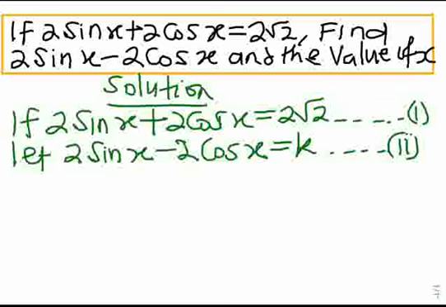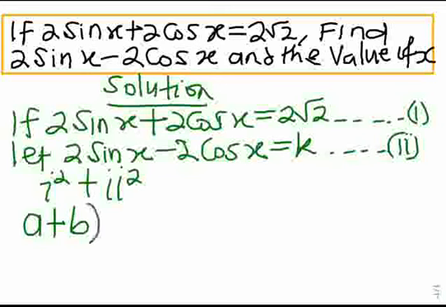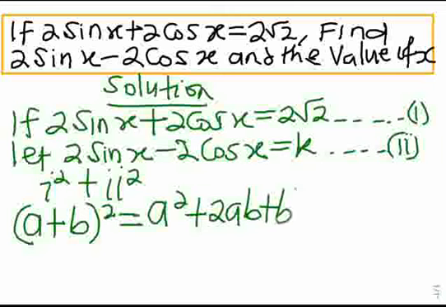Now, the approach to solving this question is to square each of the equations. I am going to square equation 1, square equation 2, and also add the two answers together. In squaring each of the equations, let's remember the expansion. a plus b all squared is equal to what? a squared plus 2ab plus b squared.